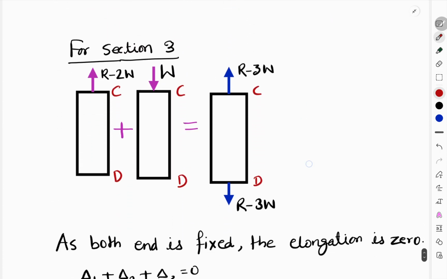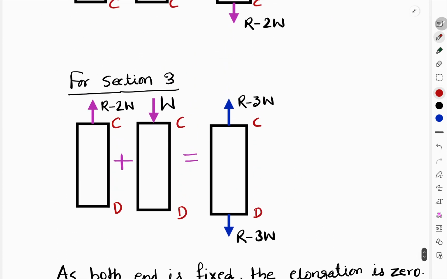So let us add this force also. By adding this force W, we sum up these two forces, and here we get R minus 3W. To maintain equilibrium again, at the other end at point D, R minus 3W will be applied.